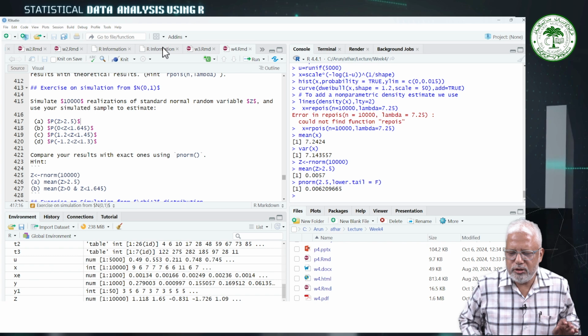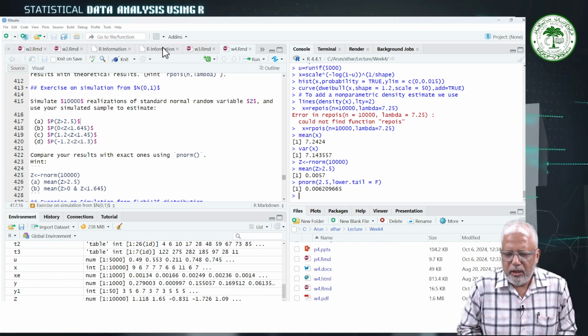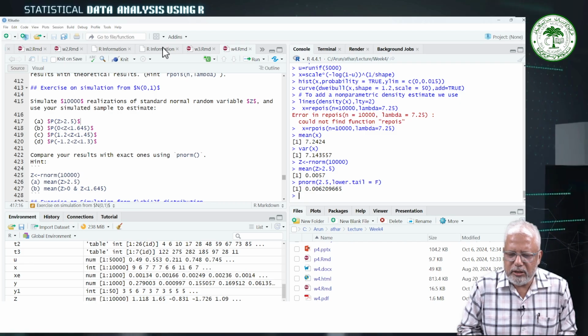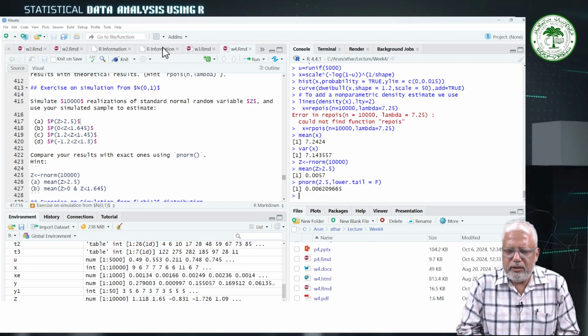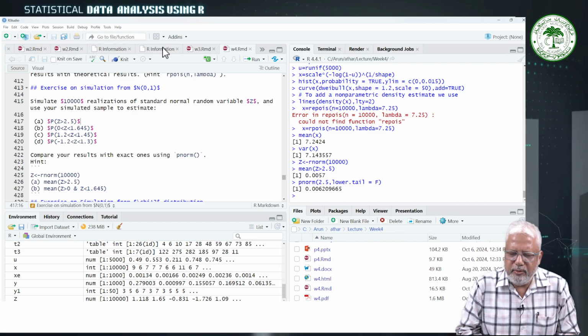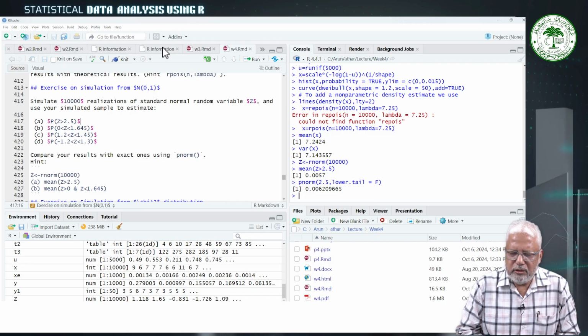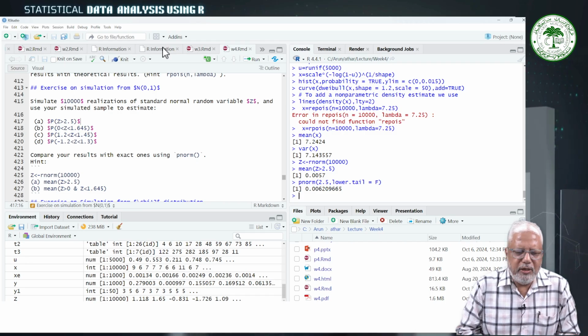It is 0.0062. So this is the exact result, 0.0062, and on the basis of simulation we are getting 0.0057. So they are in close agreement. That means we can avoid pnorm and make use of simulation.